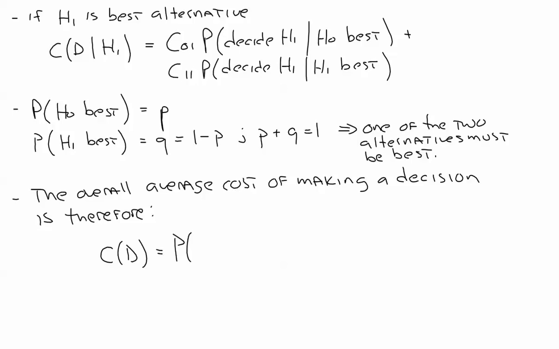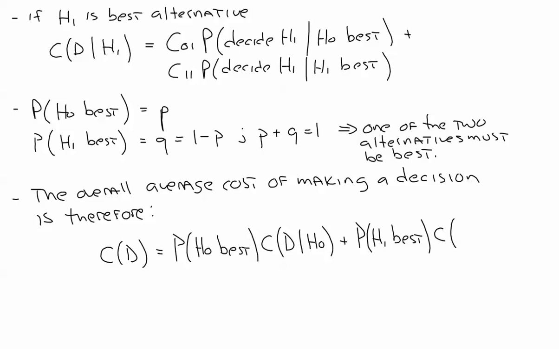the probability that H0 is the best times the cost of making a decision if H0 is best plus probability that H1 is best times the cost of making a decision when H1 is best. All right?